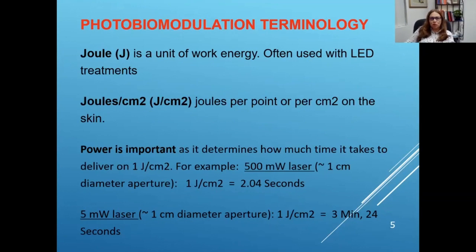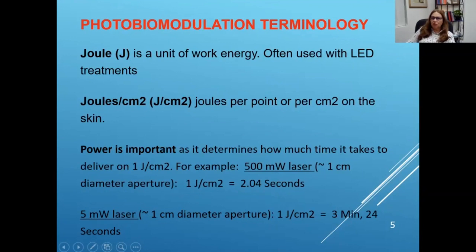Some of the terminology we'll be using, and you've heard this frequently throughout the presentations, but I just wanted to review this quickly because it specifically relates to equipment. A joule is a unit of work energy, and when we're talking about a dose, or the amount of energy for LED technology or treatments, a joule of energy is being delivered.